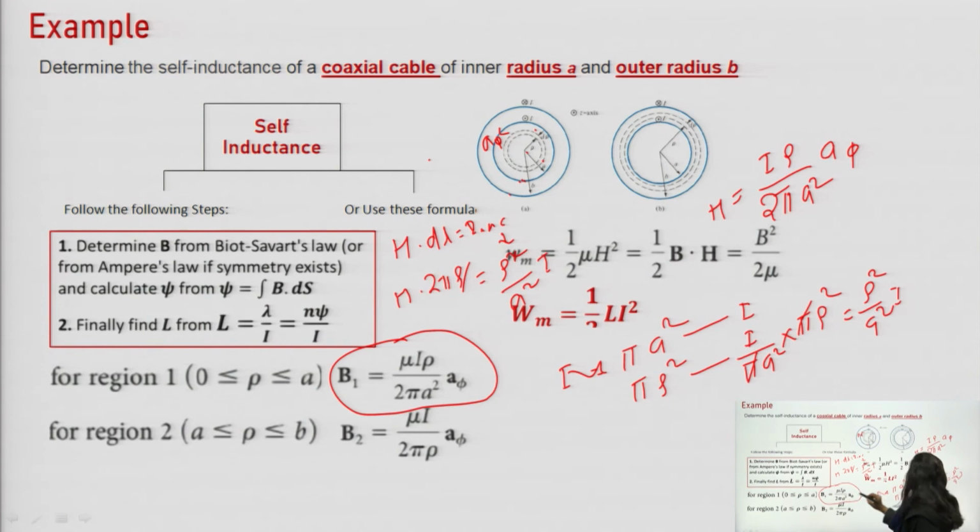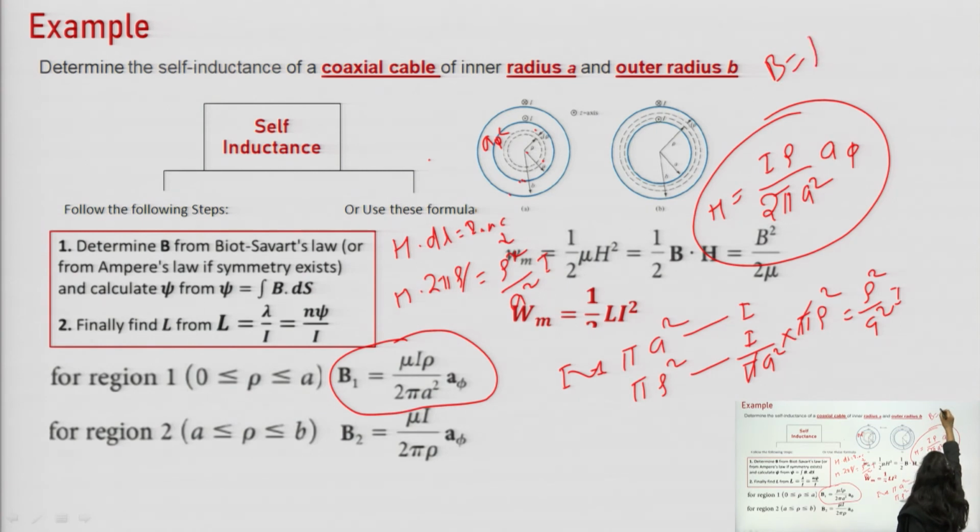Same thing is here also. We have derived H, but B is equal to mu H, so we need to multiply this quantity by mu. So we get the value of B1 as mu I rho by 2 pi a square a phi, same value. Similarly, we can find the value of B2 also for the region in between.